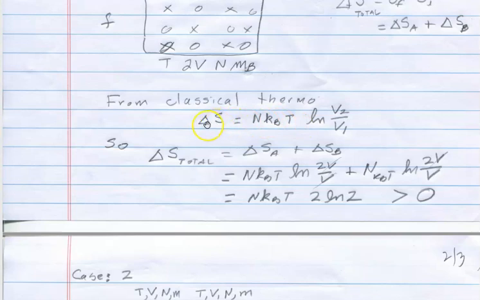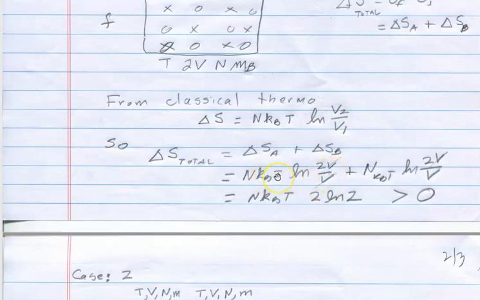The general form for an ideal gas also has a term that depends on temperature, but it reduces to zero in the case where temperature is fixed. So we'll deal with this one, and that makes it pretty easy. I have the change in entropy for the A molecules because they go from V1, initial was V, and the final volume they're able to roam around in is V2.